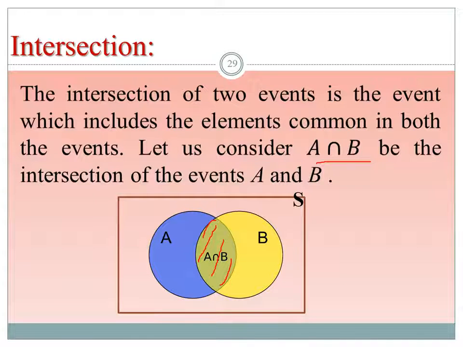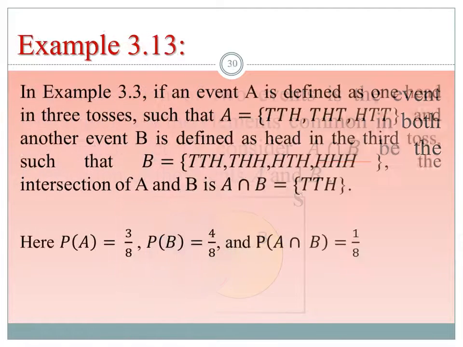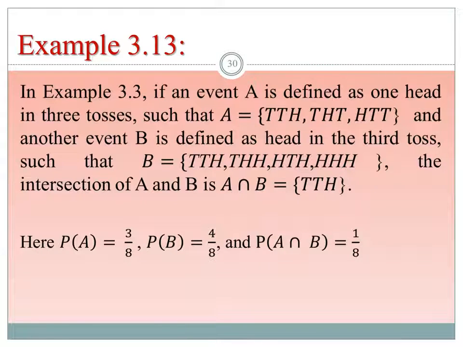So let's see one simple example. Tossing a coin 3 times, if an event A is defined as exactly one head in 3 tosses, and event B is defined as head in the third toss. So this is the event space B, this is the event space A. The intersection of A and B means the common elements.